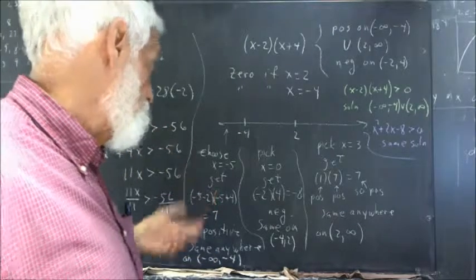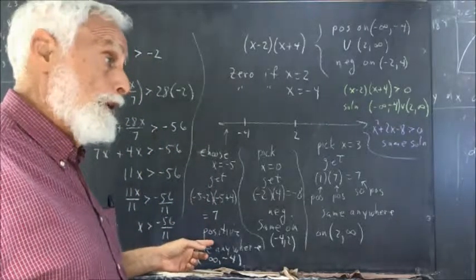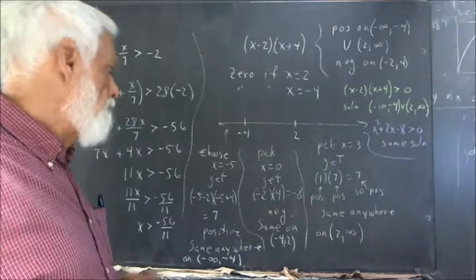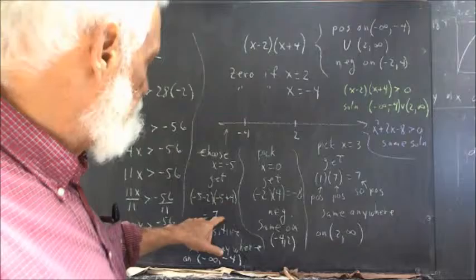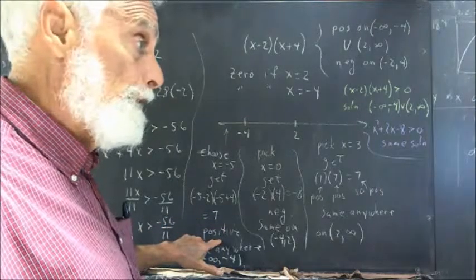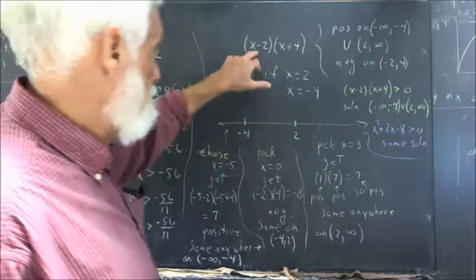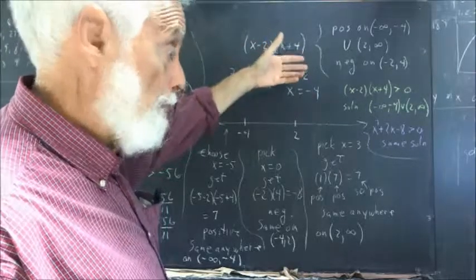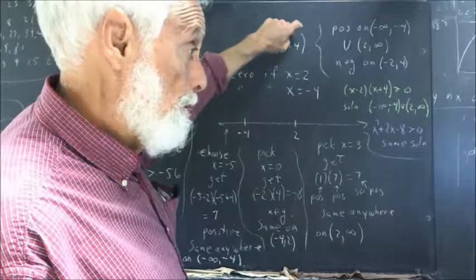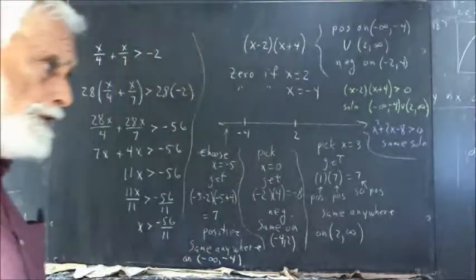The main question here is whether what we get is positive or negative. We didn't even have to multiply these out to get 7 to know it was going to be positive. As soon as we noticed that negative 5 minus 2 is negative, and negative 5 plus 4 is negative, we knew that a negative times a negative has to give us a positive.